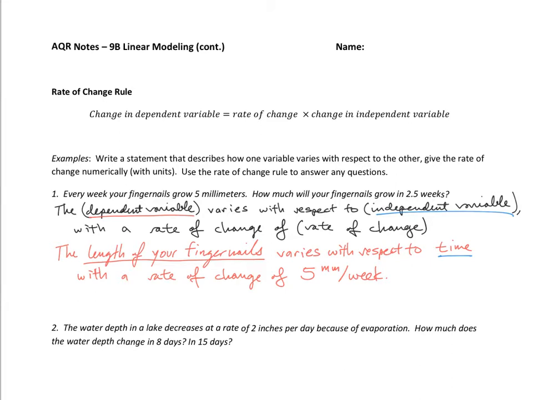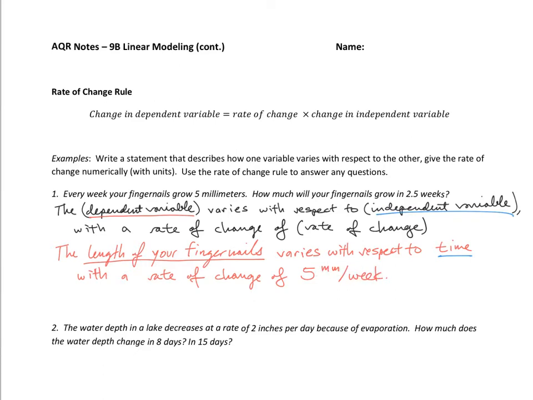From there, we know that it will be 5 millimeters per week. So we can always use the number for the rate that we're given here, 5, and we will have the dependent units, millimeters, right? Length of your fingernails was in millimeters, divided by the independent units, y's over x's, rise over run.